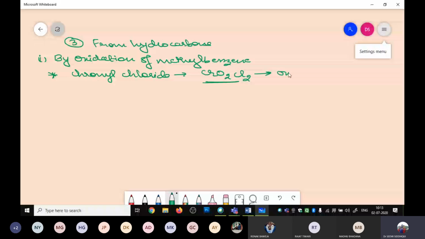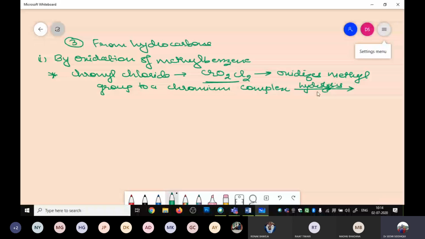This chromium complex then undergoes hydrolysis, and on hydrolysis it gives the corresponding aldehyde.